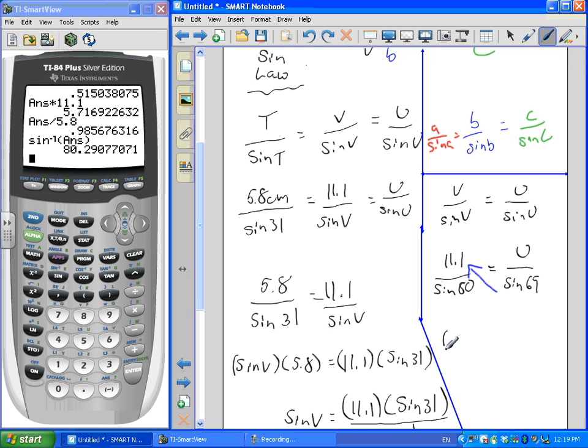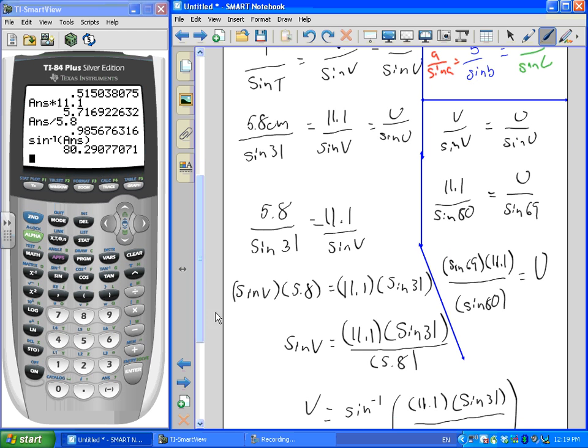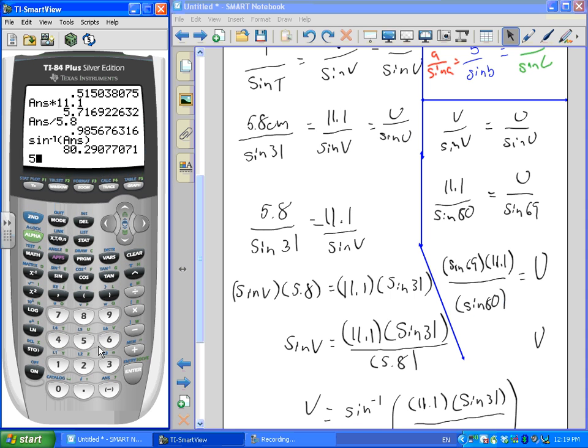So it'll say sine 69 times 11.1, all divided by sine 80 equals U. Now, I'm going to do this in one calculation on the calculator. Please do not get confused. If you cannot do this on your calculator, for instance, if you can't see everything you type into your calculator, I don't suggest you do it this way.